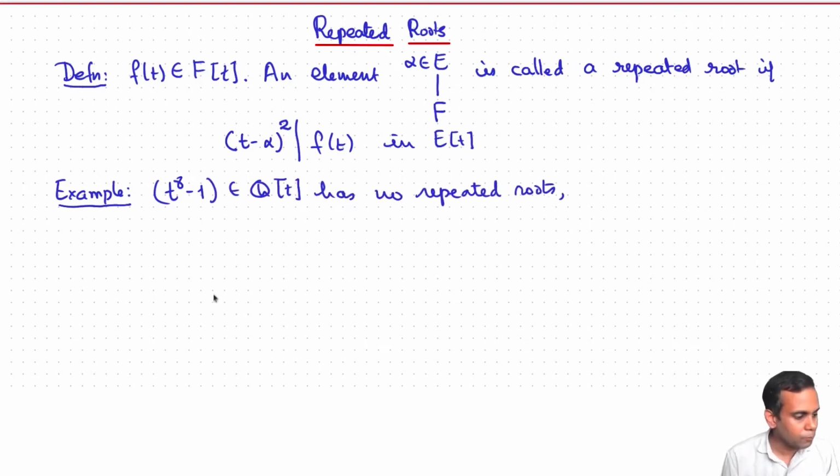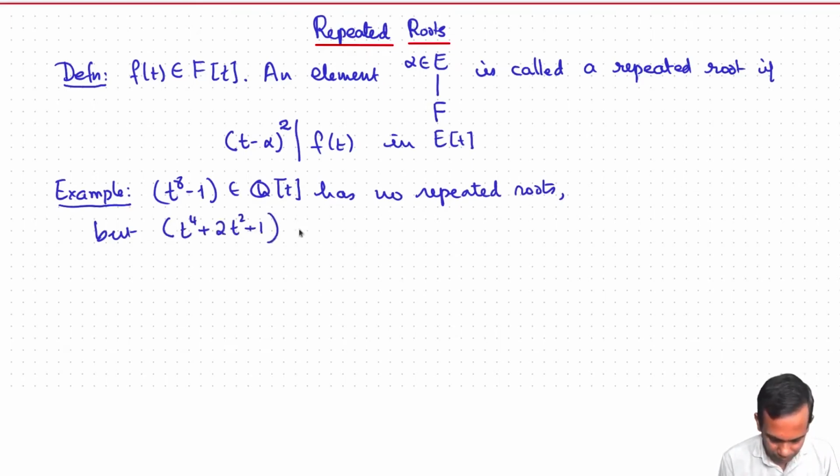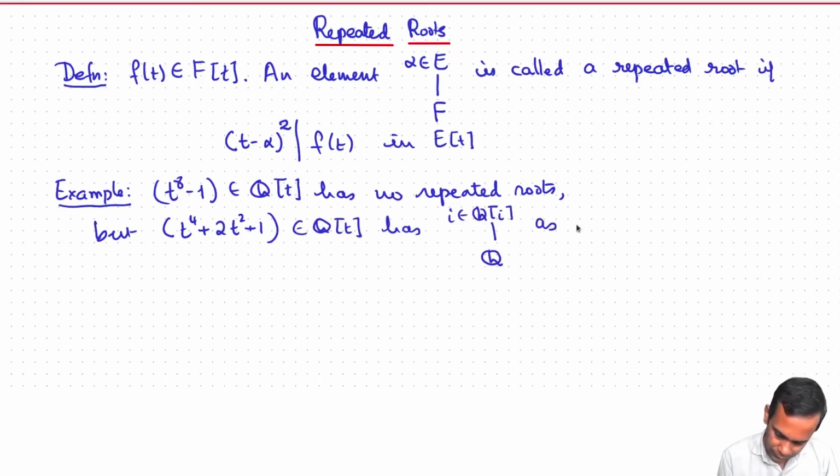But the polynomial t to the power 4 plus 2t squared plus 1, let's say this also in Q[t], has an element i in Q adjoin i over Q as a repeated root.